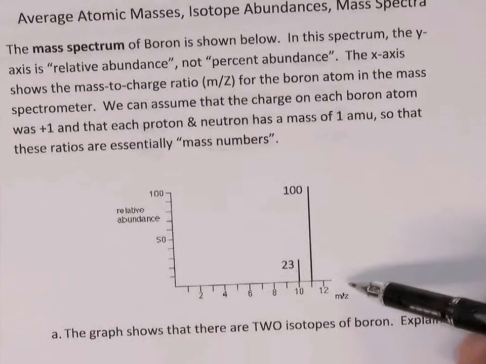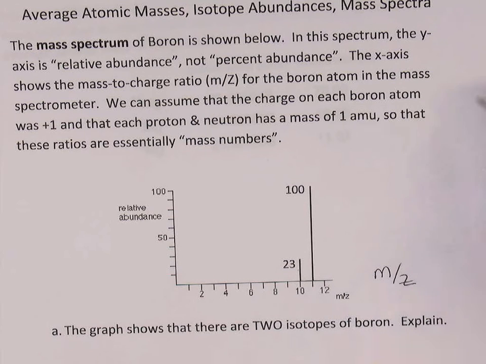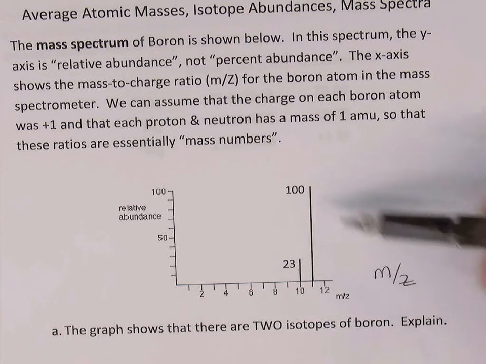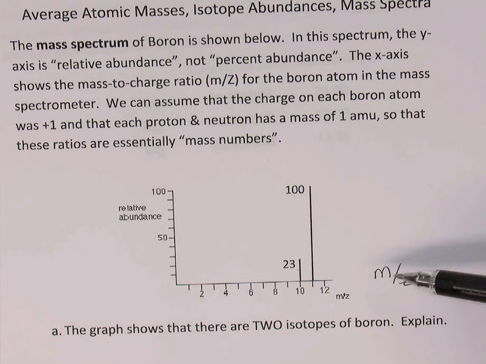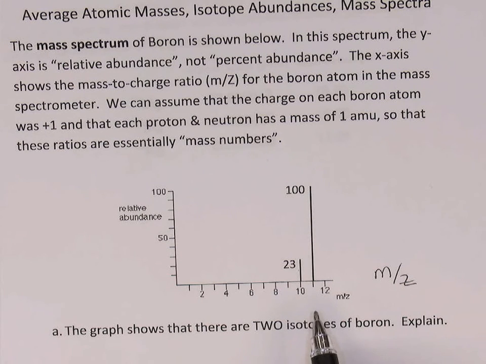The x-axis shows m over z, which is a mass to charge ratio. We're going to assume that each of the boron atoms in the sample, when they were ionized, resulted in a charge of +1. If their charges were +1, then the mass to charge ratio would be the same as just the mass. So these m over z values can be thought of as masses.